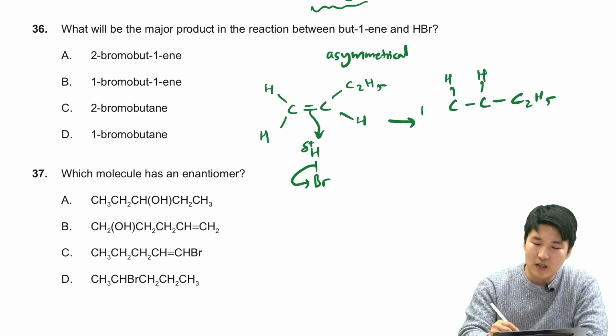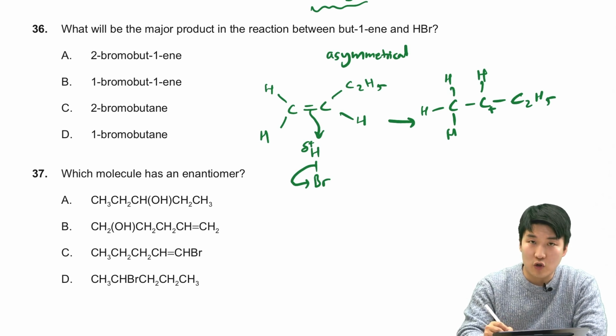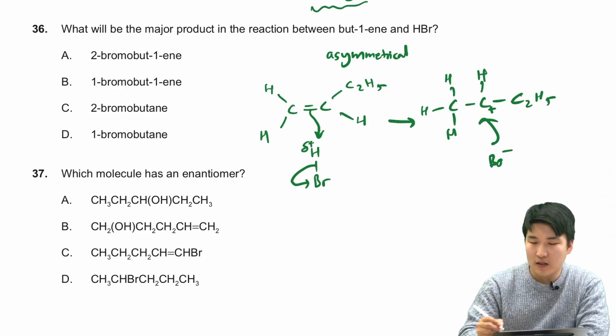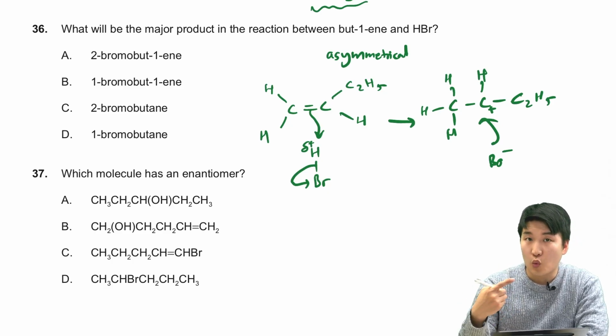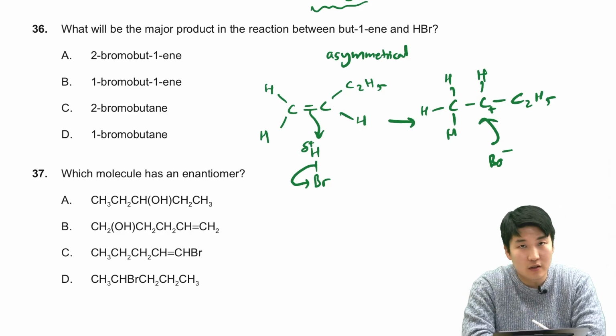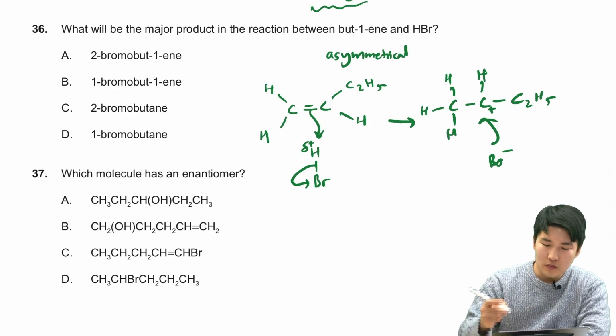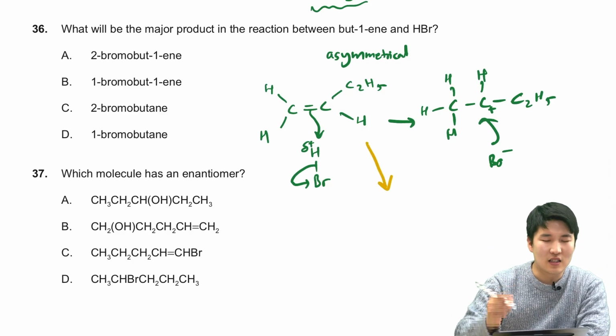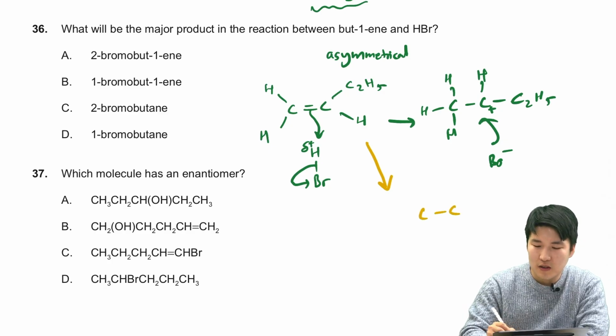The carbocation intermediate will have a positive charge, to which bromide ion will bind. And this will produce, in our case, 2-bromobutane, which is the major product formed. Which means there will be a minor product formed from a different carbocation intermediate that arises.